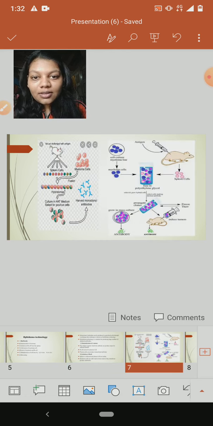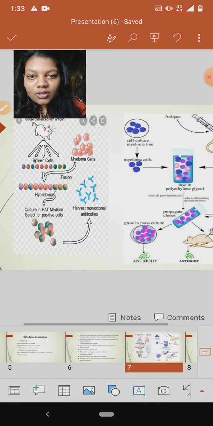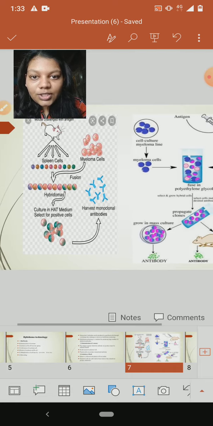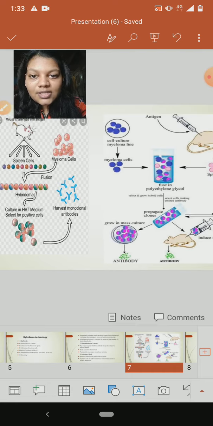In that slide, there is a figure of a mouse and the procedure for hybridoma technology. In that figure, firstly we take a mouse with antigen, then collect the spleen cells, and fuse the spleen cells and myeloma cells. In fusion we use polyethylene glycol.